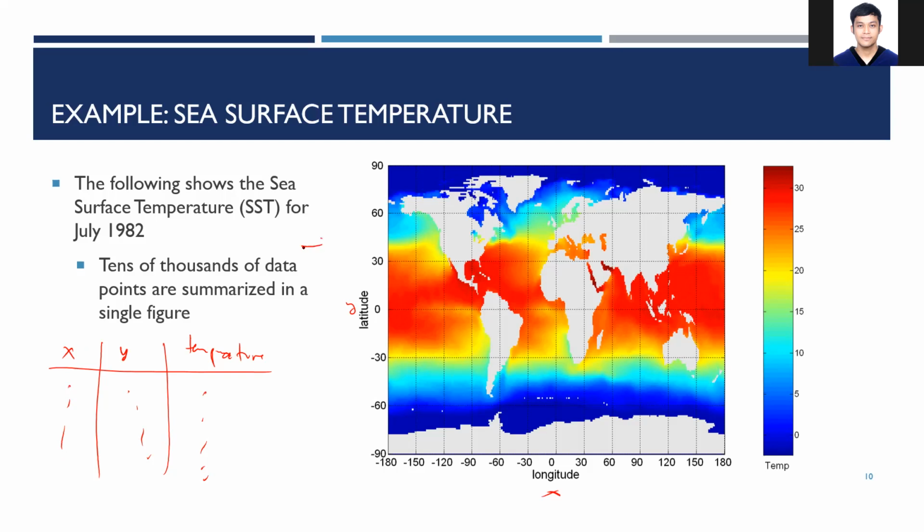But once we visualize it into one picture, like this picture, we can easily get information from it. For example, in some areas the sea surface temperature is very cold. But in some areas, the red one, the sea surface temperature is higher than the one below.